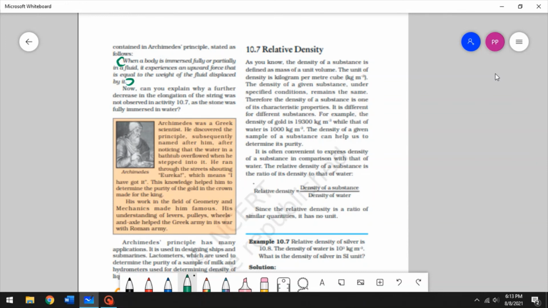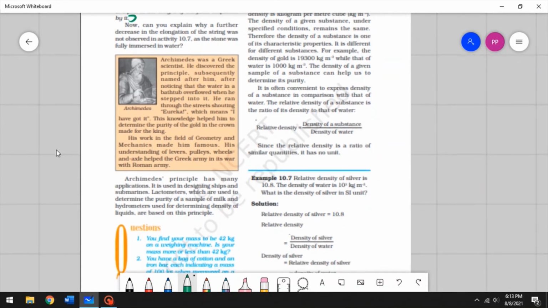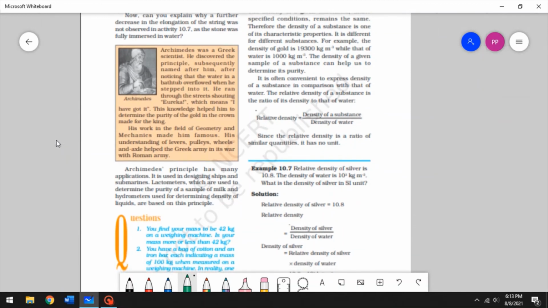And because there is no more upward force acting on the stone, there is no decrease in the elongation of the string. Alright, simple answer, simple concept. If you pay attention, if you are able to understand all the concepts, it's going to be very easy for you. Alright, so this is a trivia thing here for you.